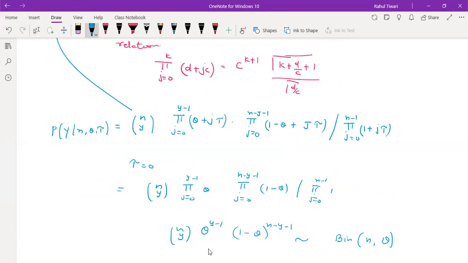And what is your theta here? Your theta is nothing but a upon a plus b, which is the parameter of your beta distribution. Can you understand a little here? Yes.